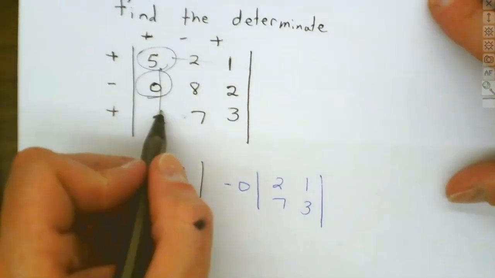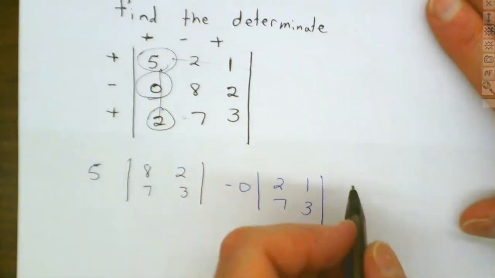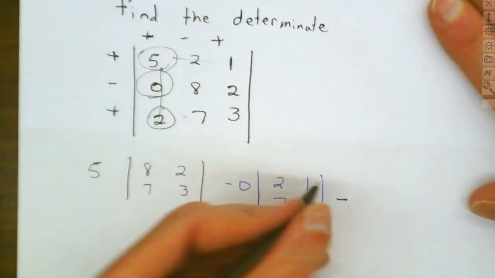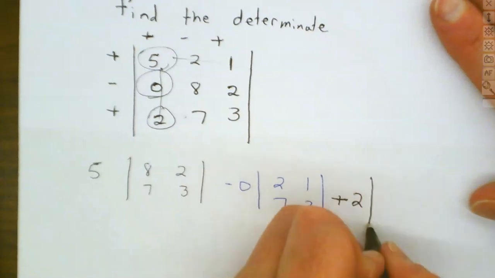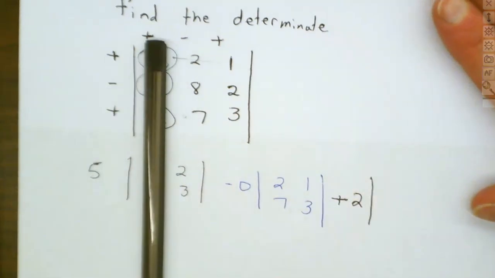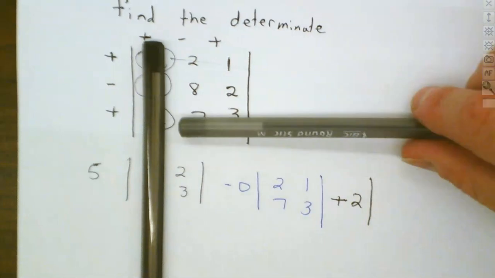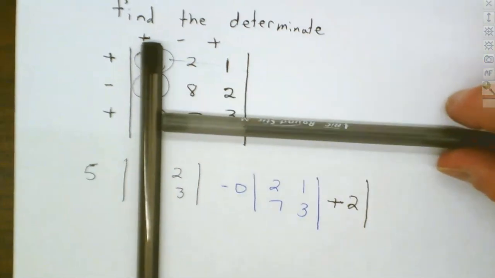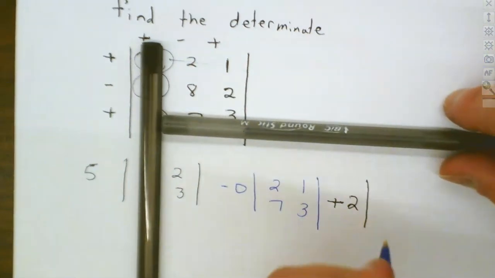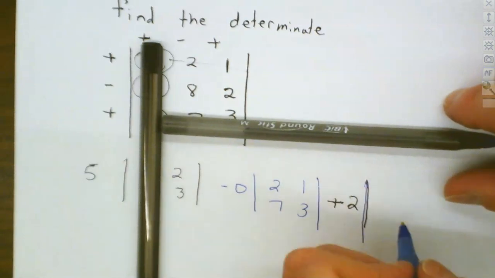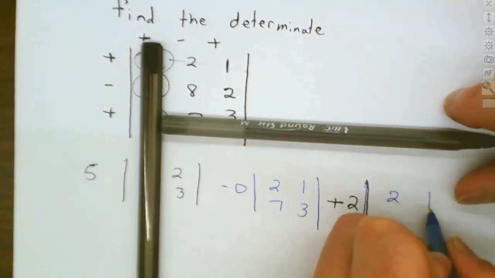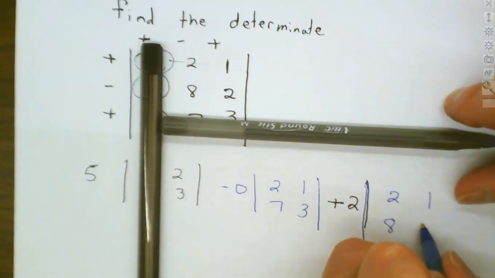We did that one. So we'll do this 2. Okay, so watch your signs here. 2 is going to be there. It's positive. And what is that determinant? If I cover up that 2, what does that look like? Well, that determinant looks like now 2, 1, 8, and 2.